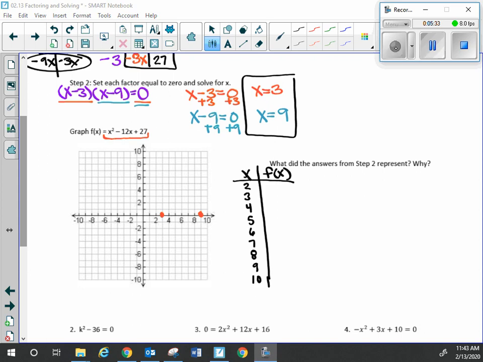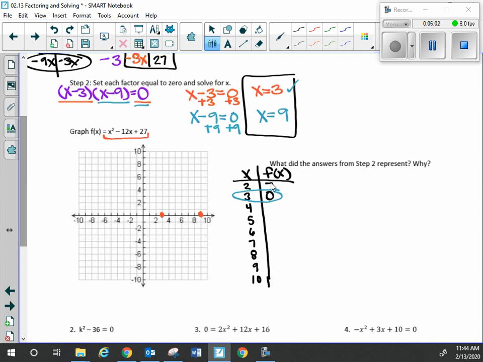So when you're looking at the table, what is y when x is 2, or f of x when x is 2? 7. 3? 0. All right. 7, 0. Is this meaningful to me at all? Yes. It's the x intercept.